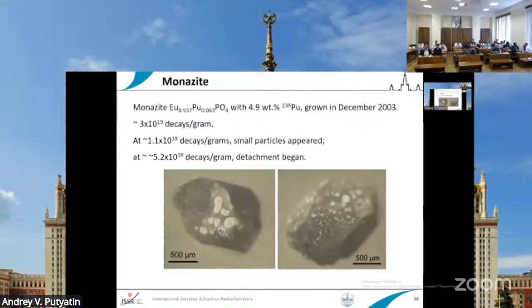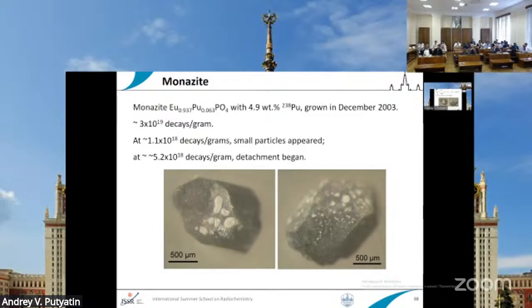Here is one example from my colleagues from St. Petersburg, from the Radium Institute. They synthesized this mineral-like matrix based on the monazite structure. Monazite is the phosphate of the rare earths. Here it is europium. And it contains 5 weight% of plutonium-238, with a short half-life, not very short, but shorter than plutonium-239.